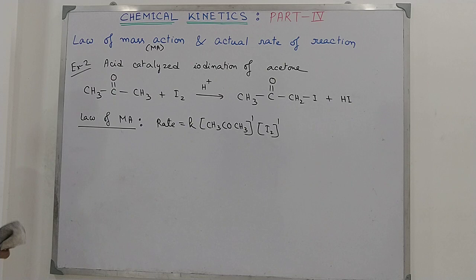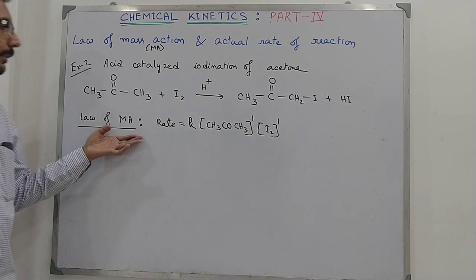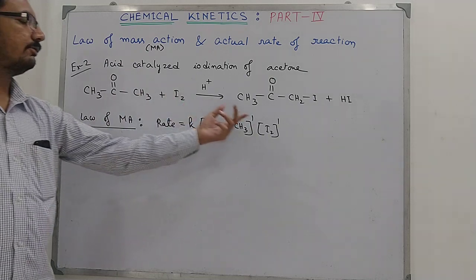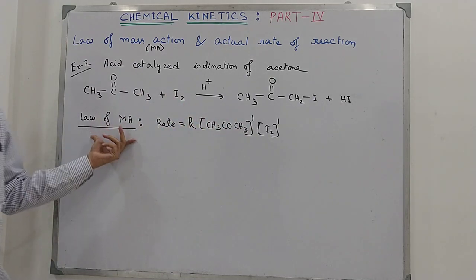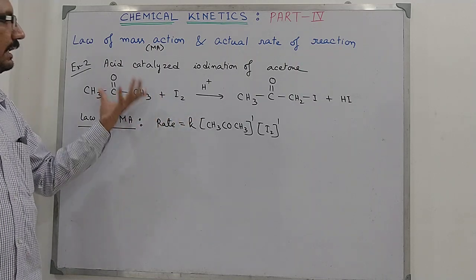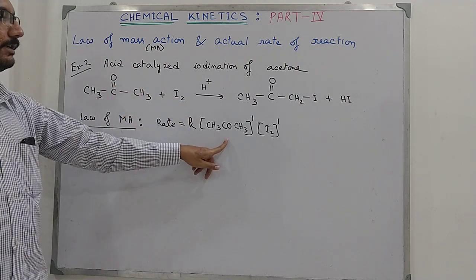So this is the suggestion given by the law of mass action. So the reaction is first order with respect to acetone and first order with respect to iodine as per the suggestion of the law of mass action. So what you see in the balanced equation will appear in the rate equation.